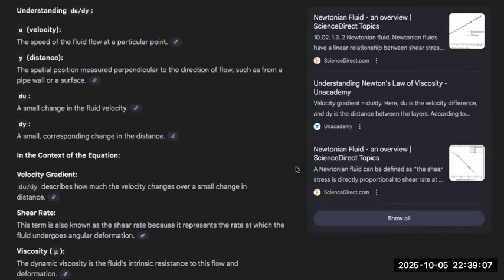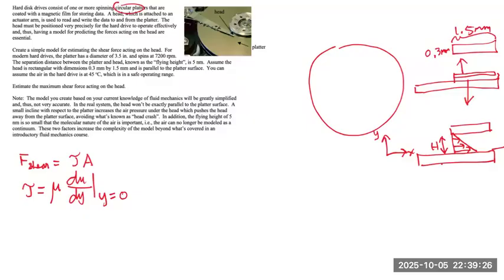So y is what we're going to be concerned with, and y is the distance, which is the spatial position measured perpendicular to the direction of flow, such as from a pipe wall or the surface. So basically over here, that perpendicular distance is going to be quantified by this h, or this vertical portion.